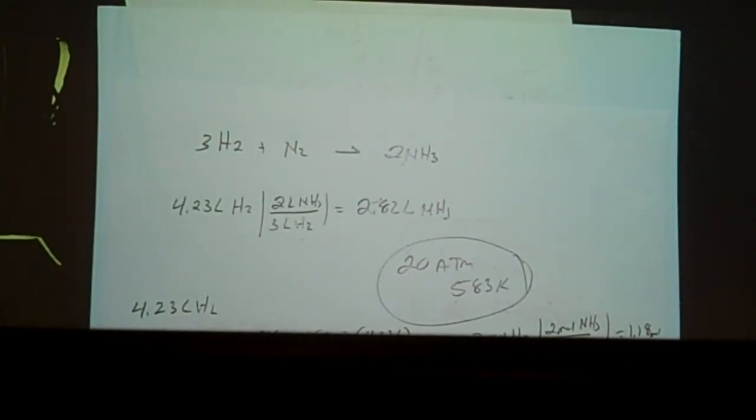So if you have 4.23 liters of hydrogen, I know that 2/3 of that will be the amount of ammonia, no matter what. By using the pressure and the temperature, we came up with a number of moles, used the stoichiometry, put the moles back in to get a volume, and we get exactly the same answer, because the relationship is always going to hold. Chemistry is an exact science. It's going to happen exactly every time if you hold all the variables the same.